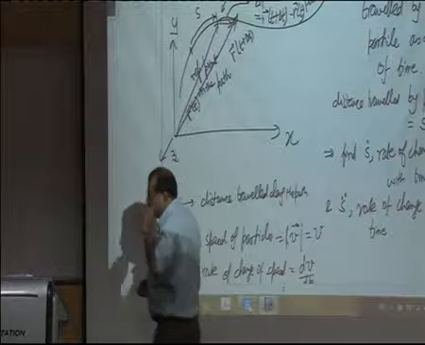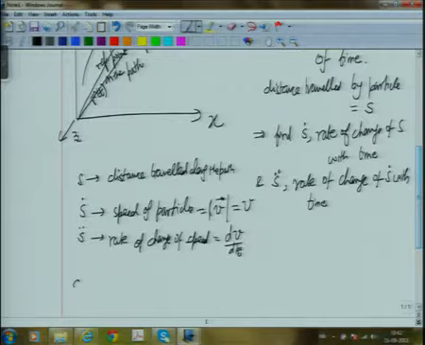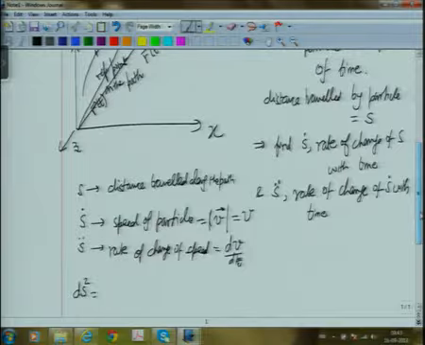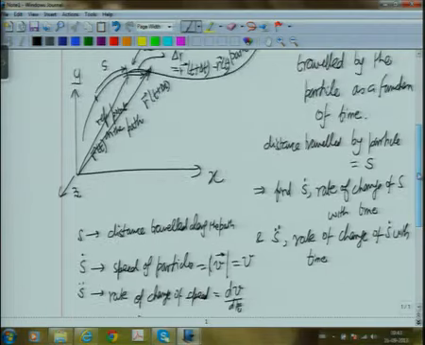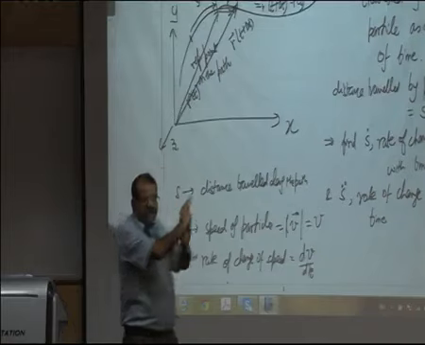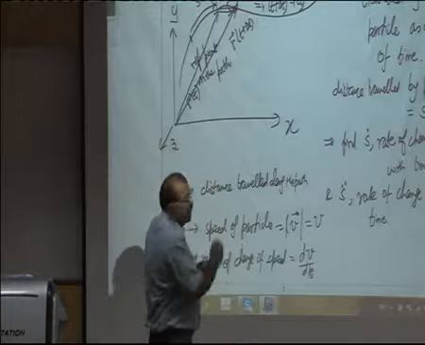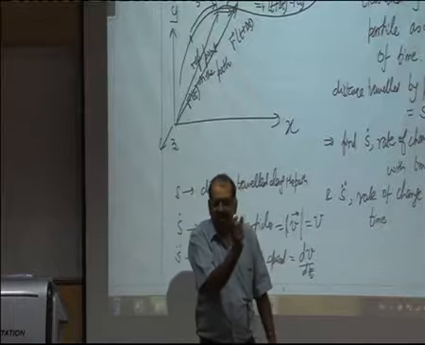So now when we try to look at this, first of all we can write ds square, that is the arc length, as dr dotted with dr. As the time delta t goes to 0, the length of delta r vector will approach the value ds.